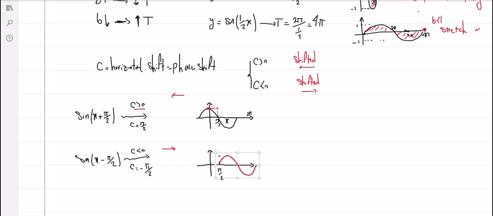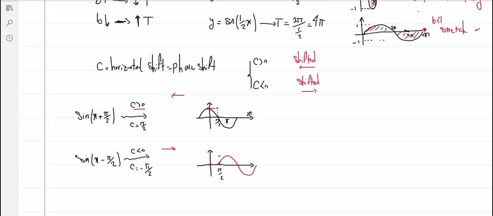As you see here, the initial point, for example at 0, was like this, and now the initial point is like this. So this is how the function would look, but in order to complete the cycle, we have to extend the function to the left and right as well.